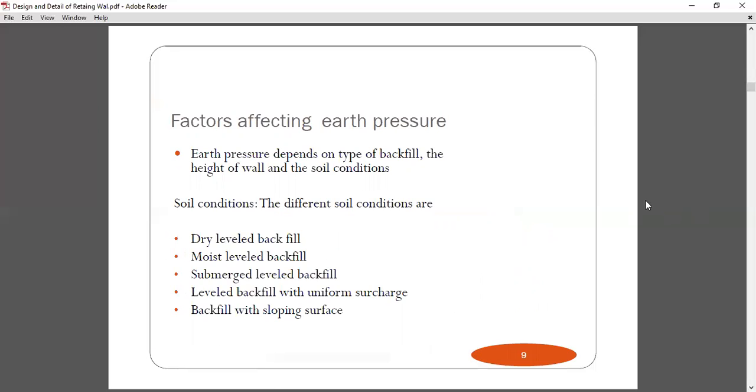Factors affecting earth pressure. Earth pressure depends on the type of backfill, the height of the wall, and the soil condition. The different soil conditions are dry level backfill, moist level backfill, submerged level backfill, and level backfill with uniform surcharge, and backfill plus sloping surcharge.